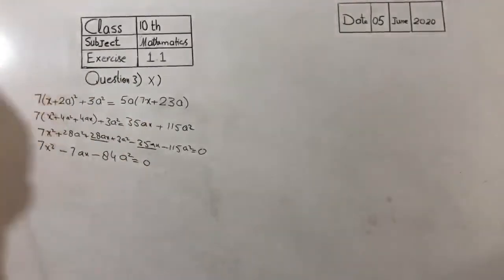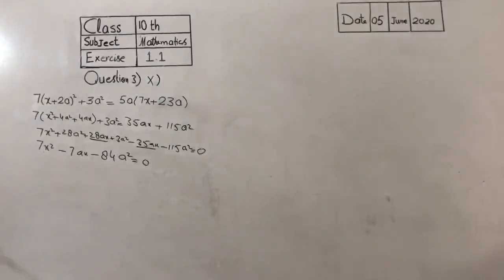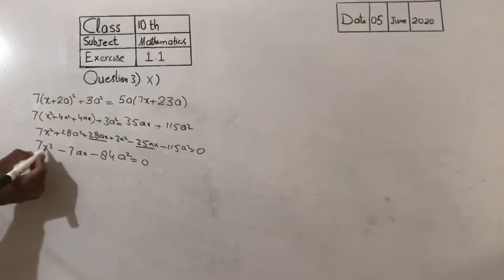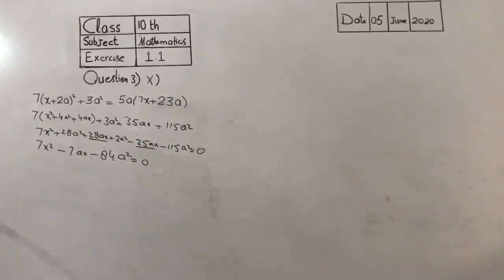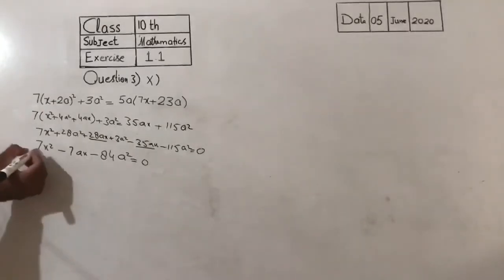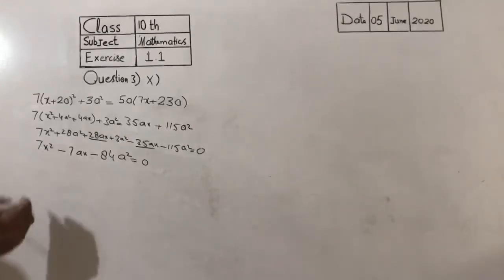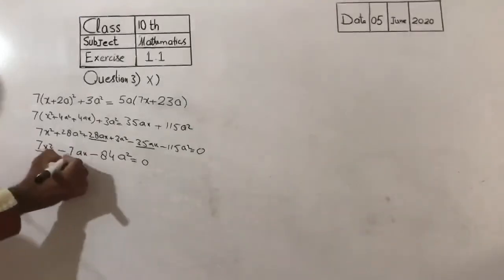You know that the first step to solve it by completing square is we make the coefficient of x square 1. So to make the coefficient of x square 1, I divide the whole equation by 7.